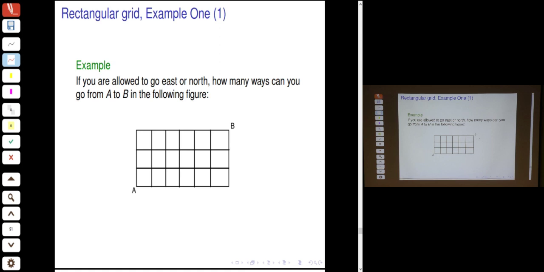This is a counting problem, but we don't have a formula to plug in yet. So we have to analyze the problem a little bit and turn it into a form that we understand.